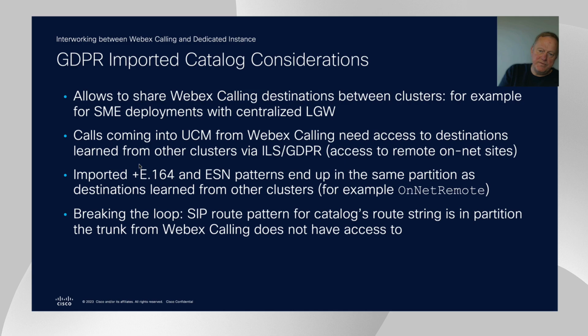To break the loop, so to avoid that calls coming from Webex Calling can be routed back to Webex Calling because they match, by misconfiguration, a pattern that's part of an imported catalog, what you could do is make sure that the SIP route pattern in your dial plan that matches on the route string of the GDPR catalog is in a different partition, and that the trunk coming from Webex Calling, in the incoming CSS, doesn't have access to this specific partition.